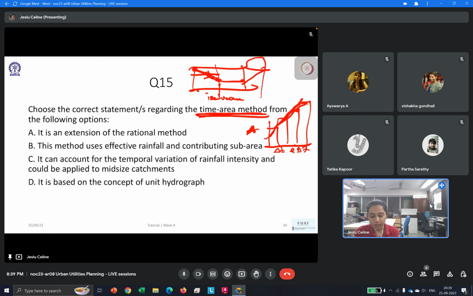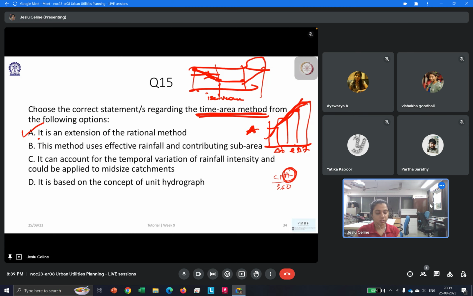Option A says it is an extension of the rational method. Is this true or false? True, it is an extension of the rational method. In the rational method you have CIA by 360. Here you divide the catchment into multiple small regions.